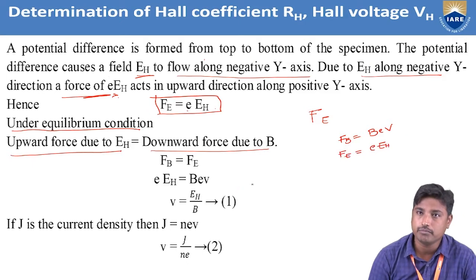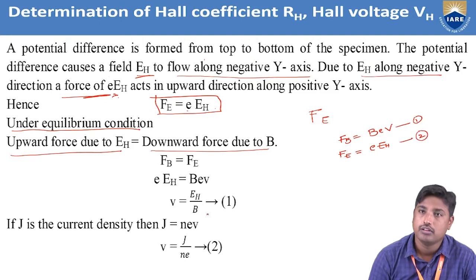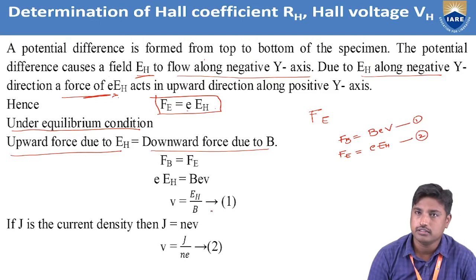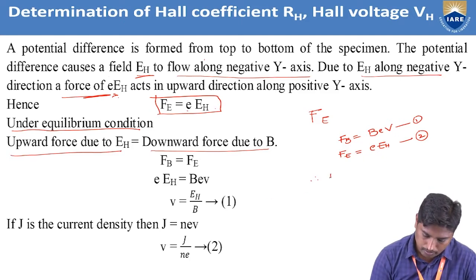At equilibrium, we equate these two. So B e v equals e E_H. By cancelling e and e, E_H equals B into v, and velocity v equals E_H by B.